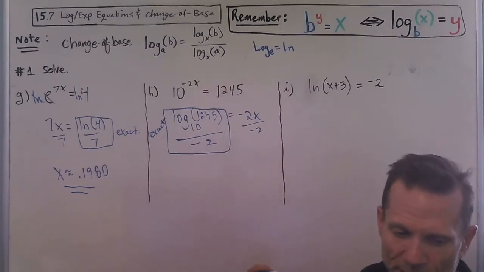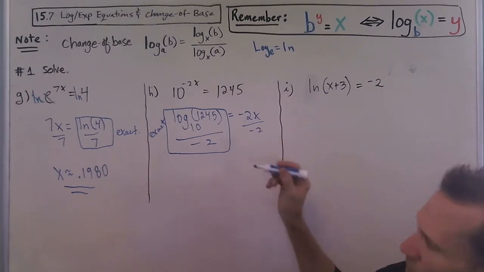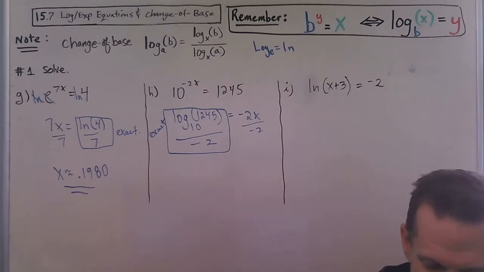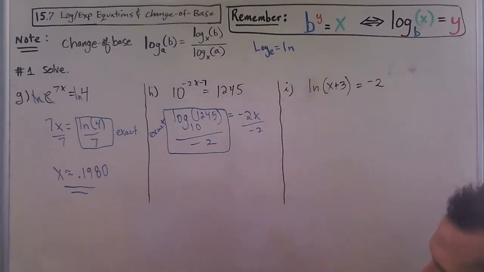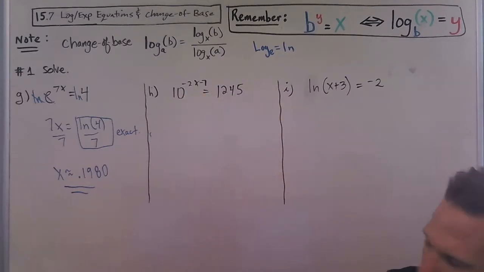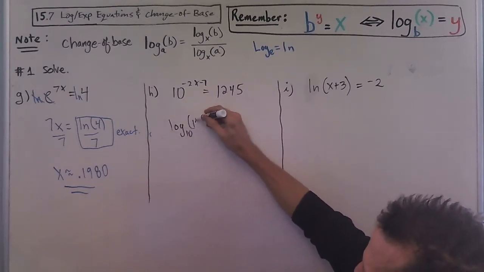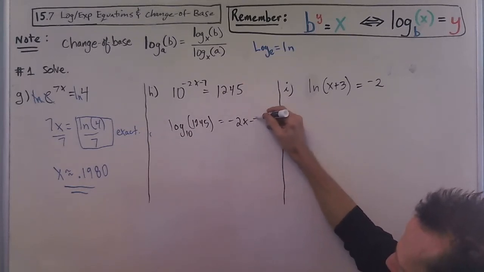And then if I compute it on my calculator, I find out that, and I have a little error on this problem, looking on my sheet here, that there's actually a minus 7 in here also. So I just want to show you how that affects the problem. Making a little correction, what we'd have is log base 10 of 1245 equals negative 2x minus 7.